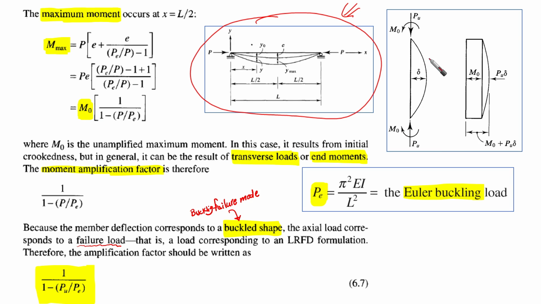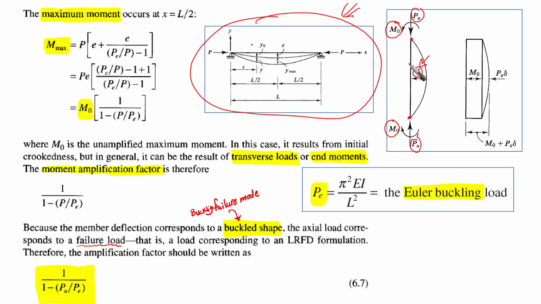So in general, this figure illustrates what we are doing here. We have P ultimate, the axial load being applied, and M node, which is the original moment at the ends of the member, the same at both ends. There is a small delta here. The ends of the element are not moving relative to one another, so it is like a local P delta.